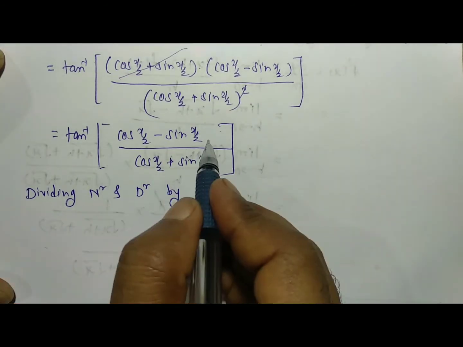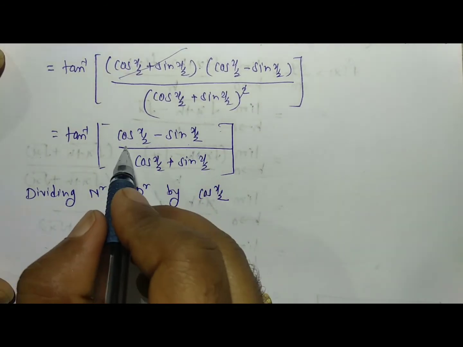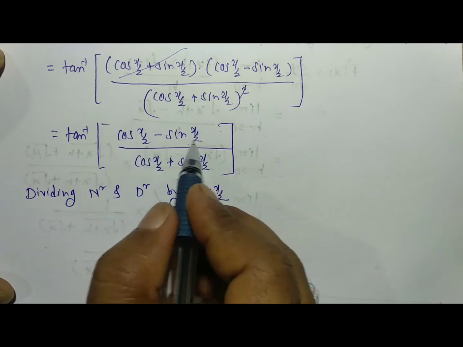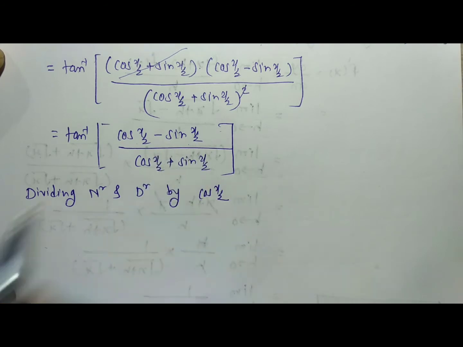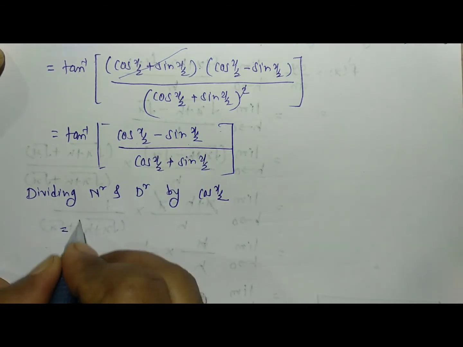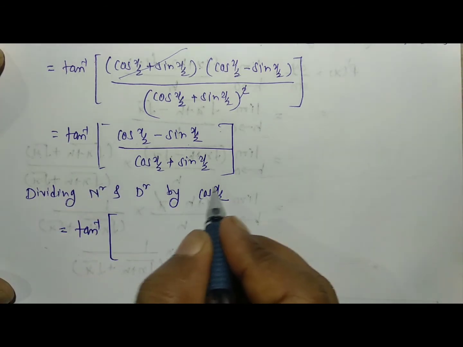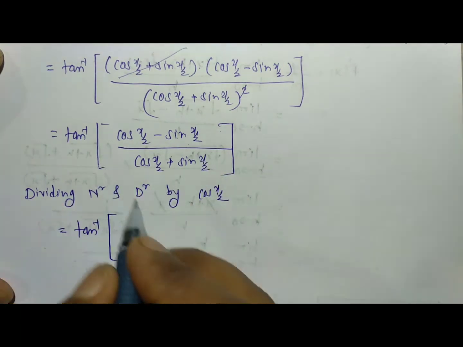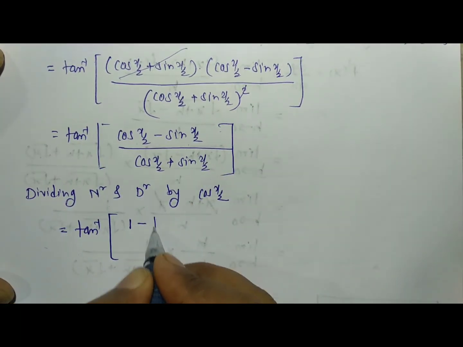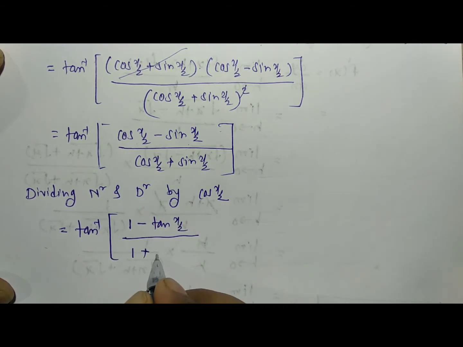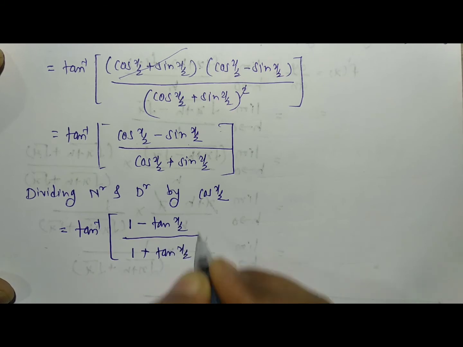If you divide by cos x/2 here, then cos x/2 divided by cos x/2 is 1, and sin x/2 divided by cos x/2 is tan x/2. So you will get tan inverse, inside the bracket, when we divide by cos x/2 in the numerator, 1 minus tan x/2, and the whole divided by 1 plus tan x/2.